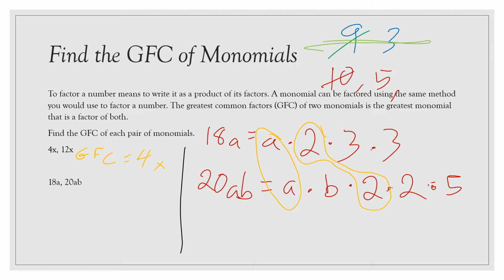We don't have any more 2s or 5s up there. So that means that our greatest common factor for this set of 18a, 20ab, the largest number that goes into both, is 2a. In this case, the 2 things that we circled.